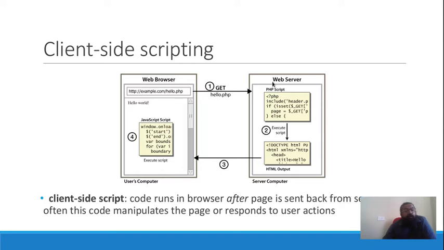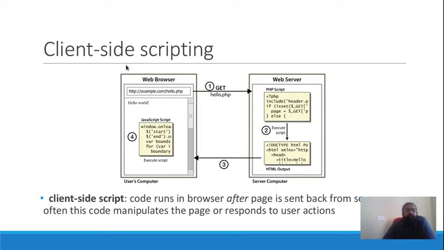The server side script is the script that runs on the server. The client side script is the script that is run at the local computer, which is generating the web request.